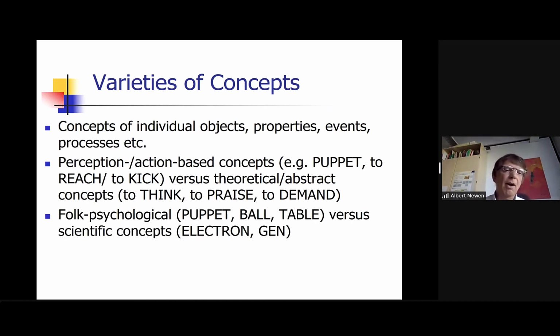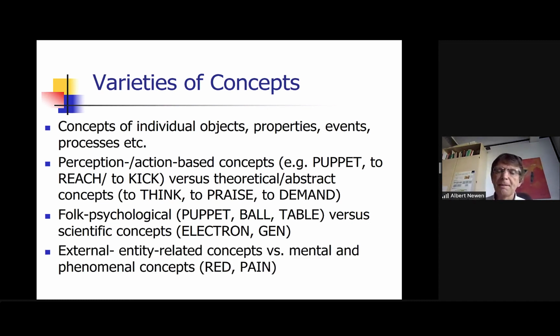We can account for the distinction between folk psychological concepts in contrast to scientific concepts, as well as the difference between external related entity concepts in contrast to mental or phenomenal concepts like red or pain.